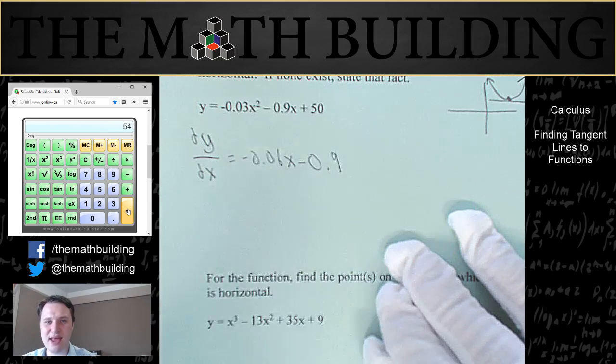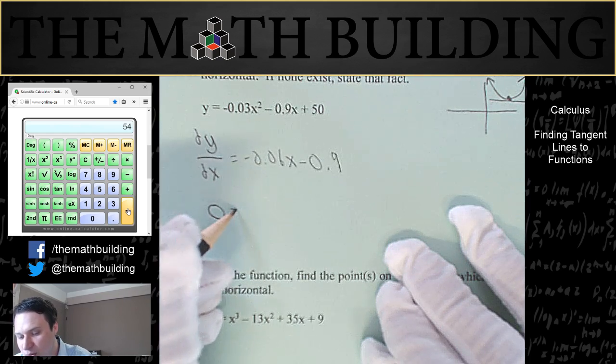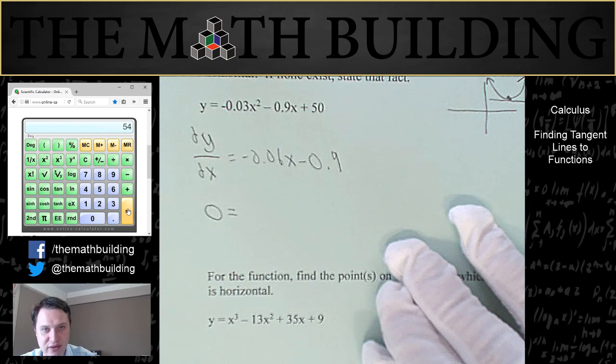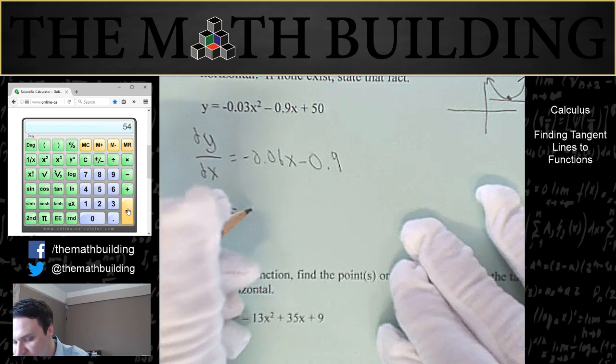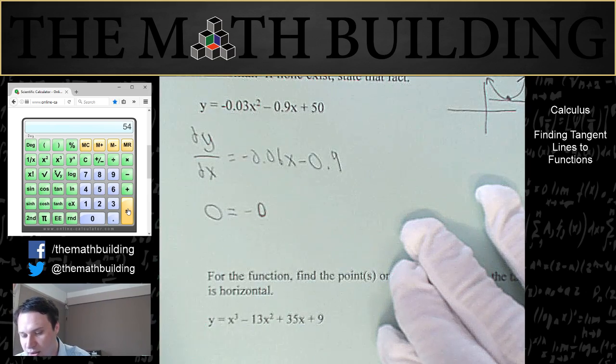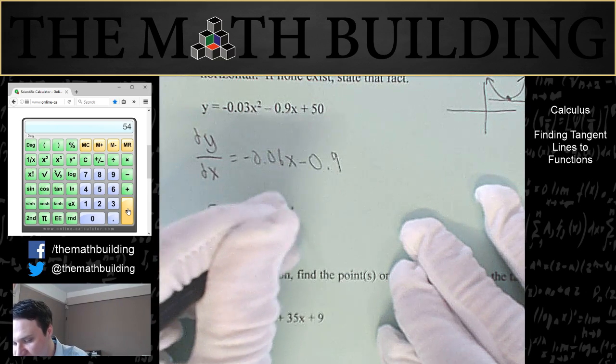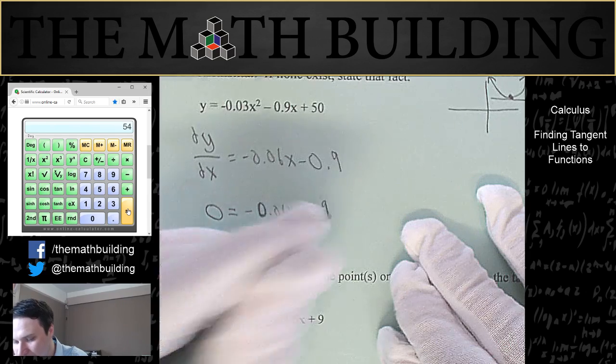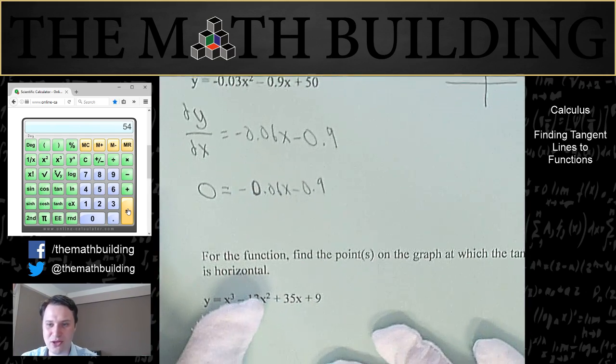Now, if we're trying to find out where the derivative is flat, or where the horizontal line would be flat, that means we would plug in a 0 for the derivative. Okay? And so now we just need to solve this equation. 0 equals negative 0.06x minus 0.9. And now we just solve that equation.